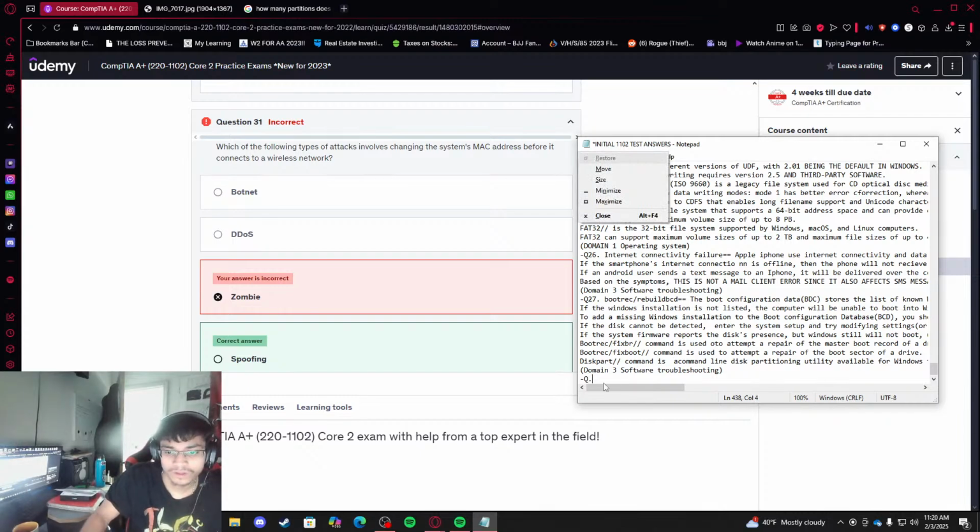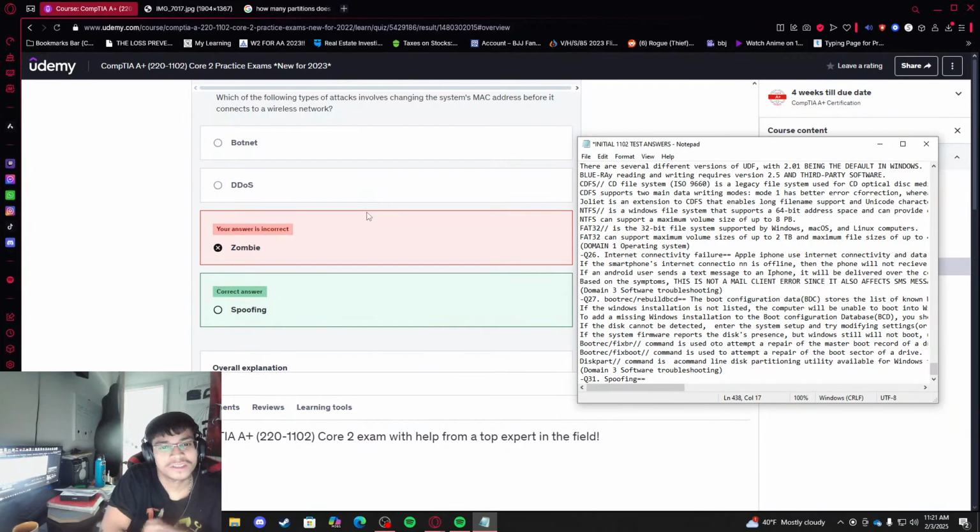Spoofing. Which of the following types of attacks involves changing a system MAC address before it connects to a wireless network? I thought it was zombie because you're changing something.